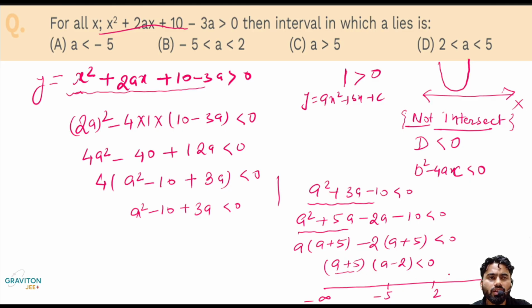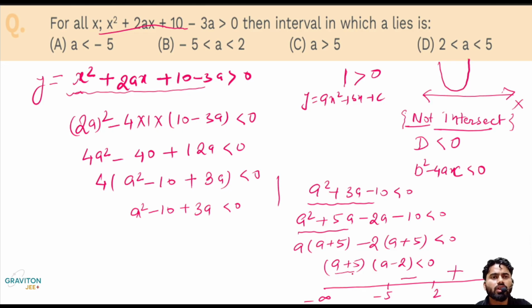So in this interval, this expression is positive. Put any number between minus 5 and 2. So take 0. Put 0 here, this will give you minus 2, and here this will give plus 5. Plus 5 into minus 2, that means minus 10. Here your expression is attaining a negative value.